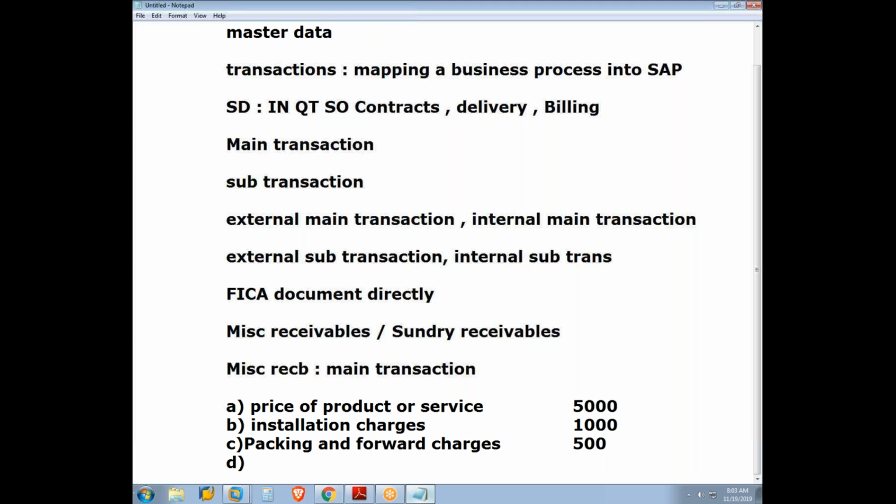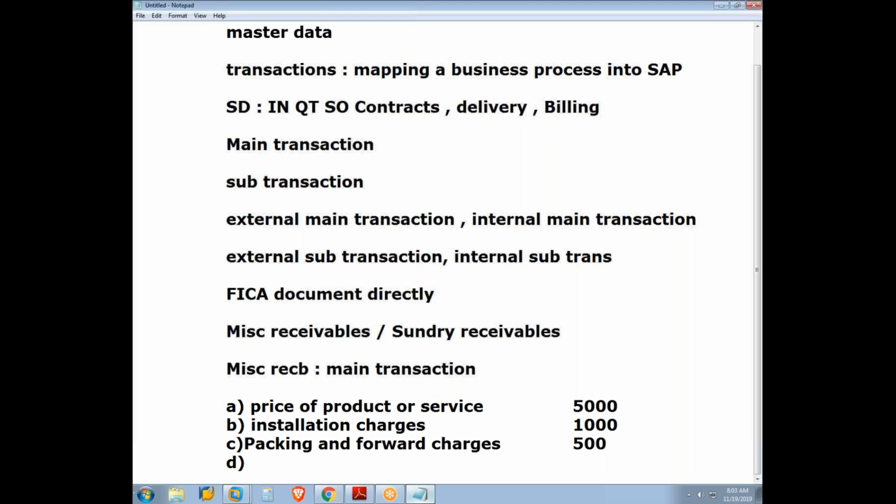The asset accounts are debited, the liability accounts are credited whenever the assets or liabilities increase. Then the other two types of GL accounts are revenues and expenses. Whenever revenues increase, the revenue account should be credited, and whenever expenses increase, the expense account should be debited. These are the basic accounting rules you follow. Accordingly, account determination has to happen.